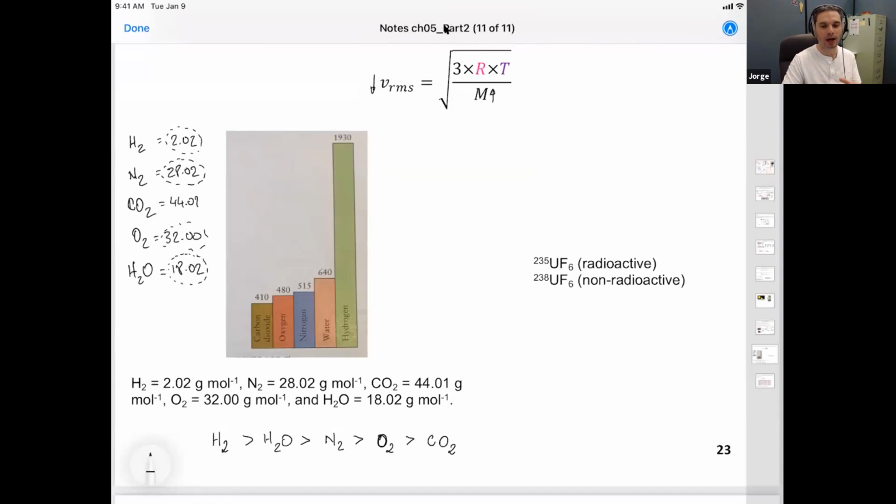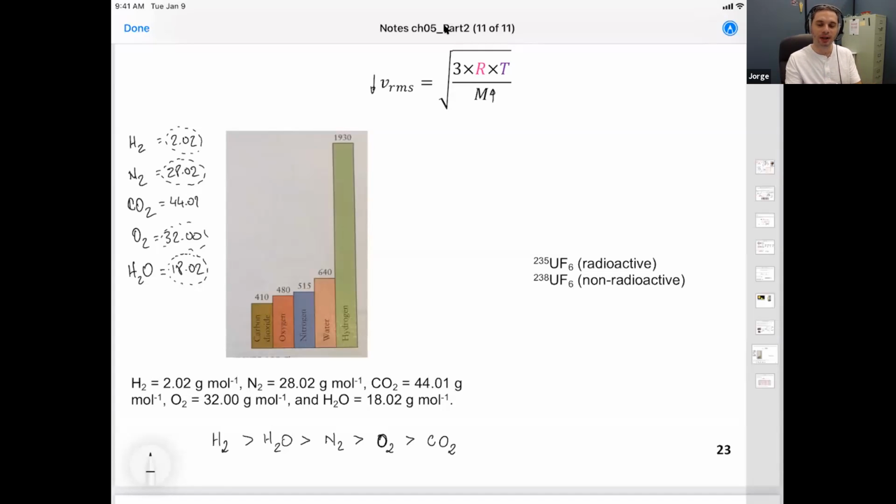Okay? So hydrogen will move faster, then water, then nitrogen, then oxygen, and then CO2 is the last one to get to the target. And that's one of the methods to enrich uranium.